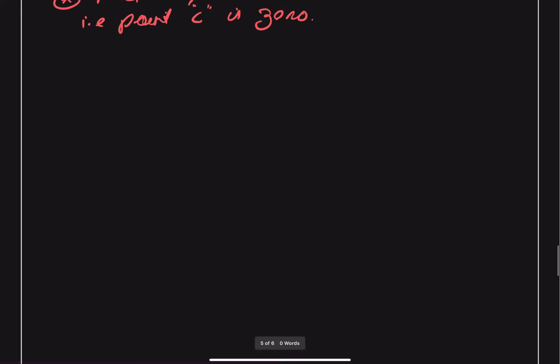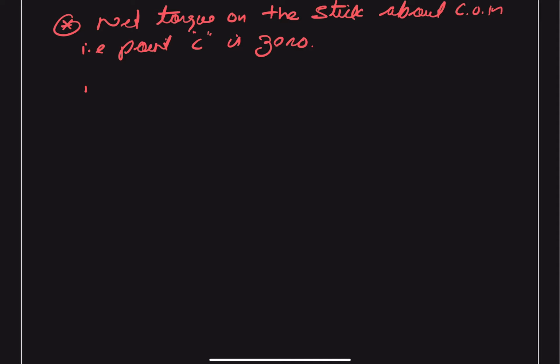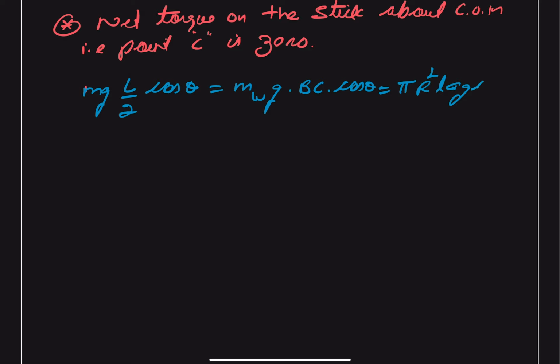So we can write the equation, and the equation will be coming as Mg L by 2 cos theta should be equal to mwg, and the length is our BC cos theta, which will be coming as pi r square L sigma g cos theta, equal to pi r square l g, L minus small l divided by 2, cos theta.